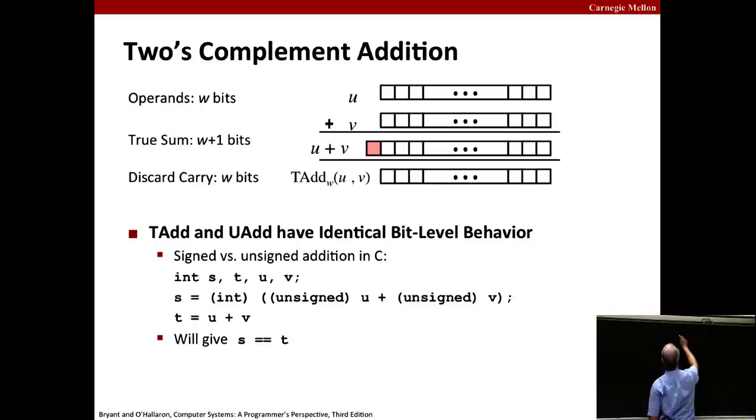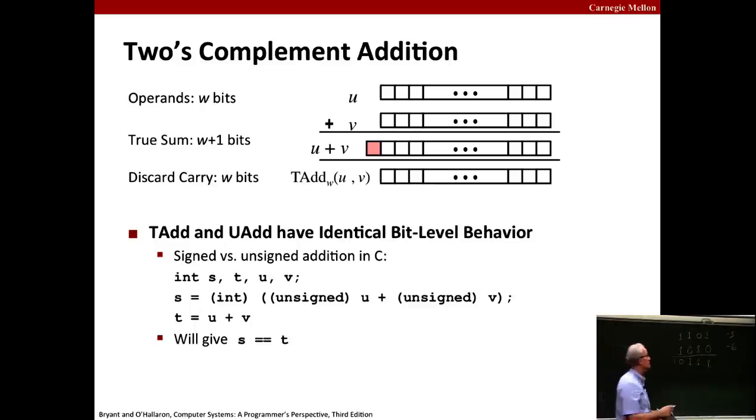So if we take 3 and this minus 6, and we add them together, we'll get 1110. We're going to drop off the carry, which is what? 7?